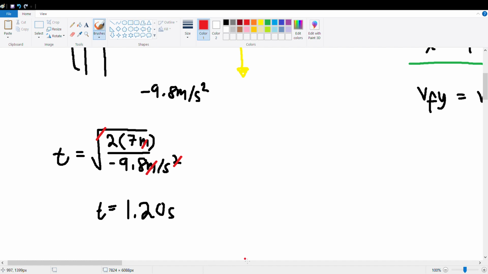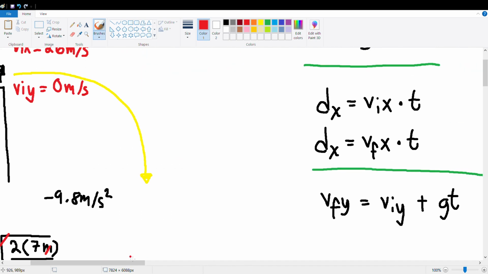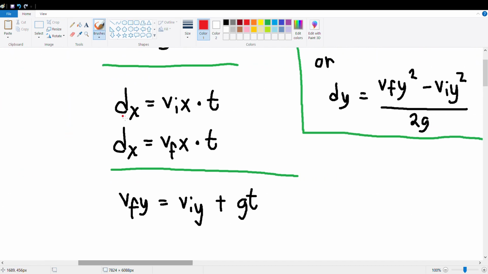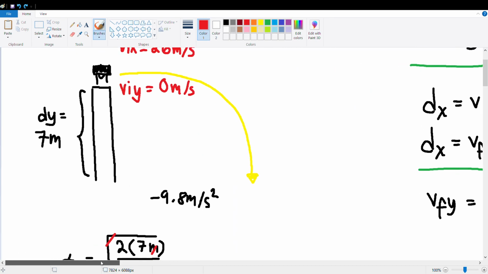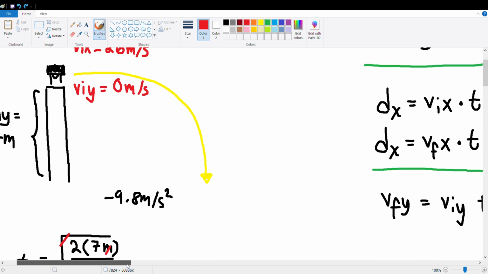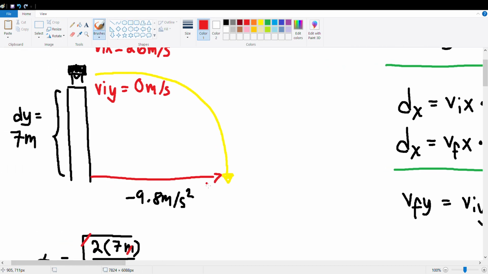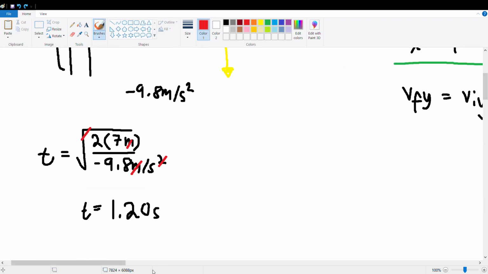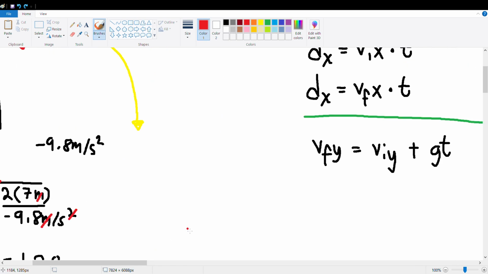Alright, for the dx, what we're going to be doing is use these two formulas. We only have VIX right now, or actually VIX is equal to VFX because it's just on the same plane. So all we need to do is substitute.